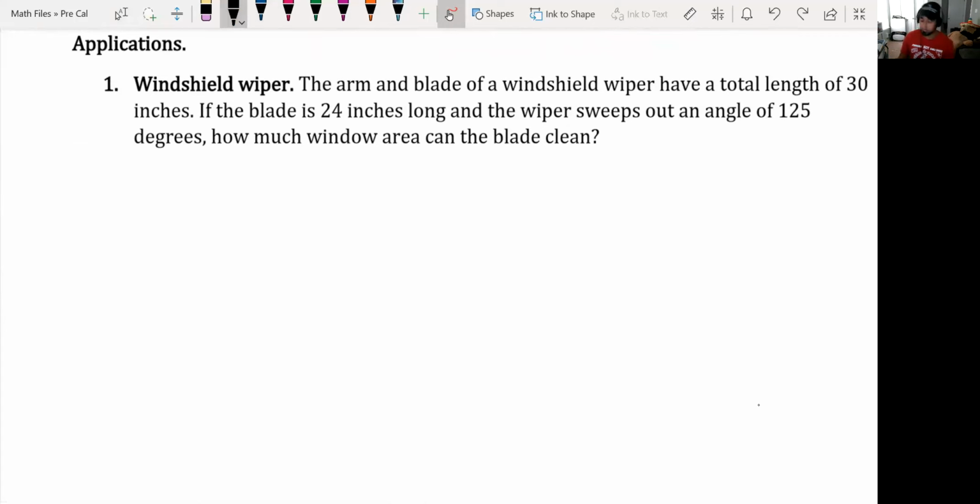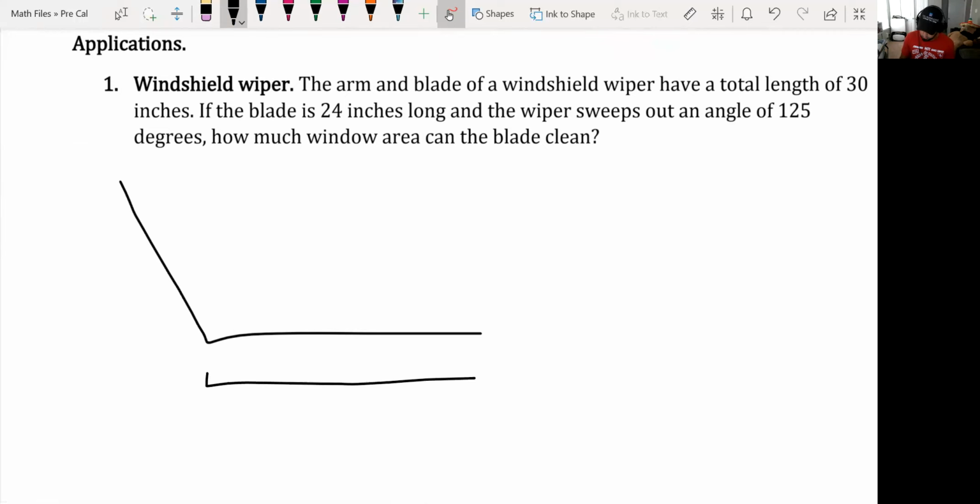Okay, so I'll draw my diagram because diagrams are always important. So here's my windshield wiper. The arm and blade have a total length of 30 inches. The blade is 24 inches long, which means the arm should be 6, right?